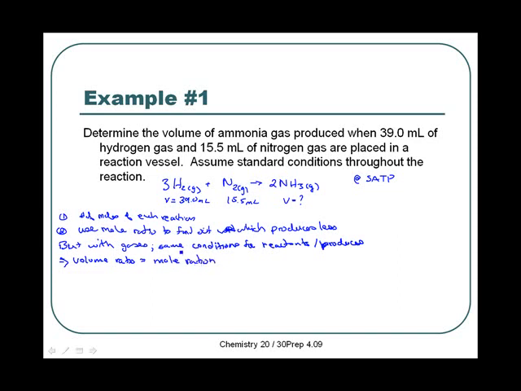It only works for gases, and it's nice because it lets us skip a step. So we can go directly to the volume of ammonia by using our law of combined volumes.